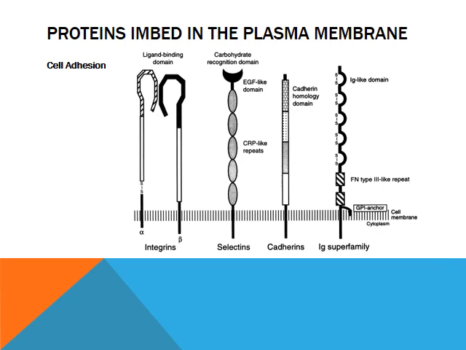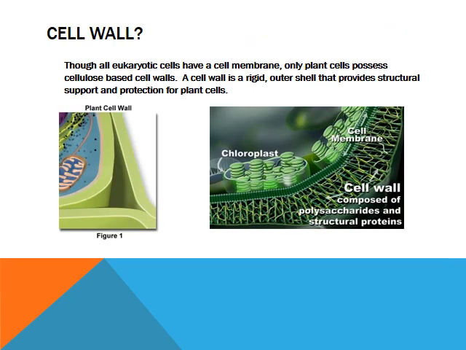What's up here? If this is the bilayer, the heads are facing that way. Water, so these are termed what? Hydrophilic. And then right in here, what are they? Hydrophobic and then hydrophilic. They've got the same motif. All right, so you've got this plasma membrane made up of a phospholipid bilayer completely surrounding the cell.